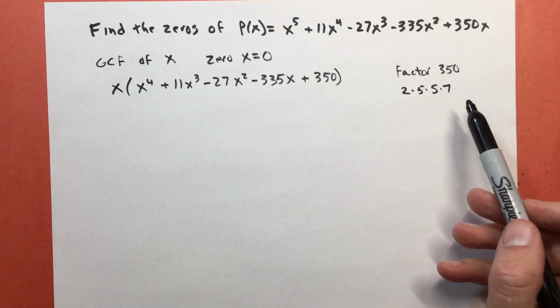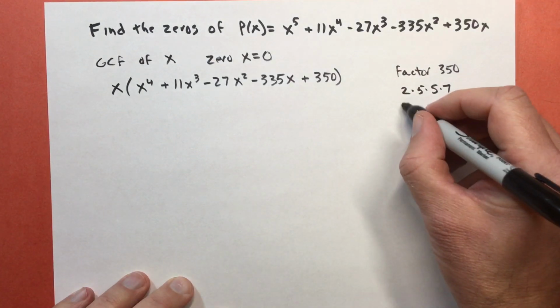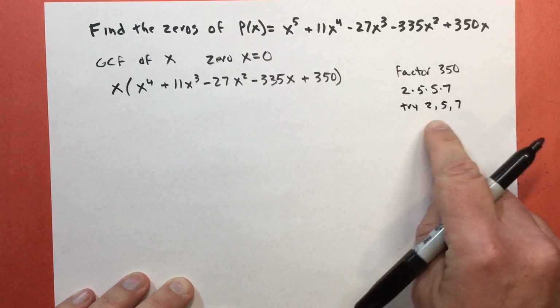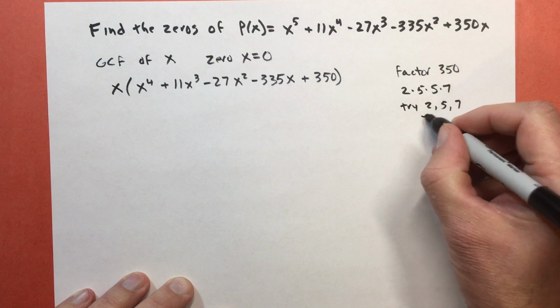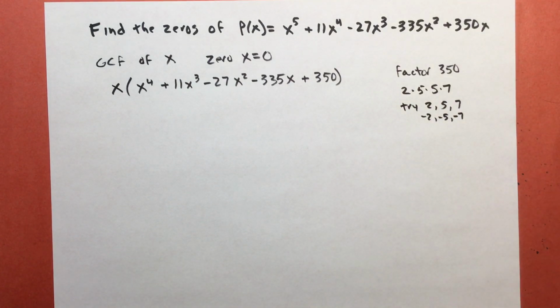I also have to keep in mind that maybe some of these might be negative. So I'm going to try 2, 5, 7. I might have to do 5 twice. Negative 2, negative 5, negative 7. And I also might have some other factor pairs in there. It gets a little bit more complicated, and I'm going to let your pre-calc teacher cover that part.